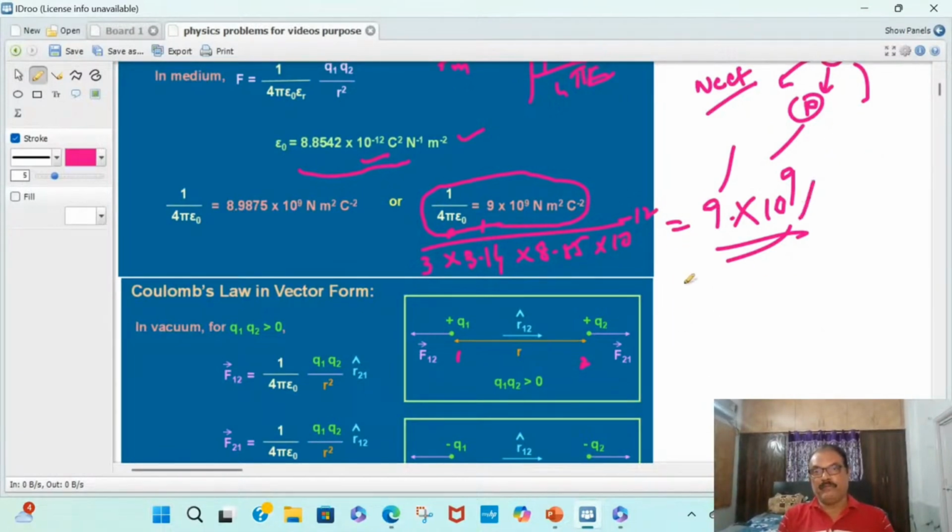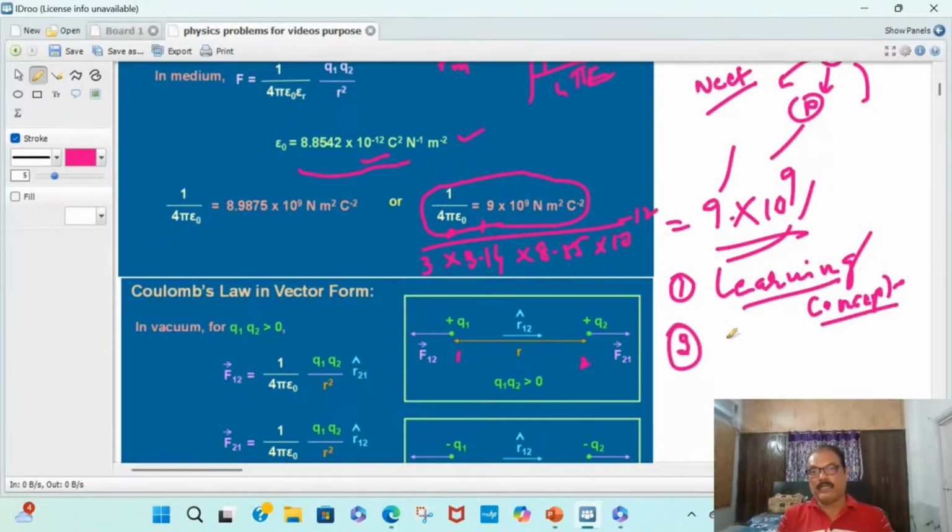The main important things for NEET: first, learning concepts, which come from the books. Second is chapter-wise preparation, micro-level concepts.